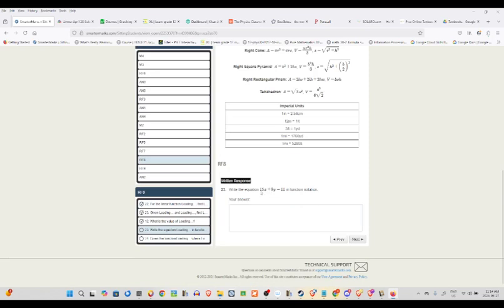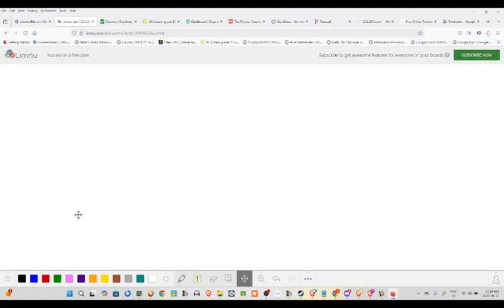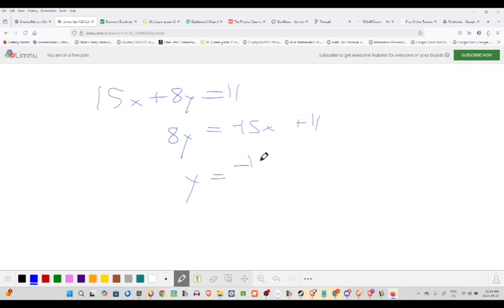Now here, write the equation 15x plus 8y equals 11 in function notation. So the first step for function notation is to isolate y. 15x plus 8y equals 11. 8y is negative 15x plus 11. y is negative 15 over 8 x plus 11 over 8.